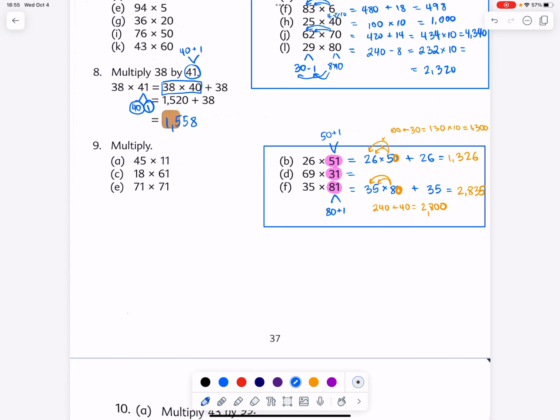I'm going to do example D right below here at the bottom of page 37. Let me rewrite it. 69 taken 31 times. There's so many ways to think about it, but let's think of 31 as 30 and 1. Let's take 69 thirty times and then take another extra 69 because we need to take 69 thirty-one times.